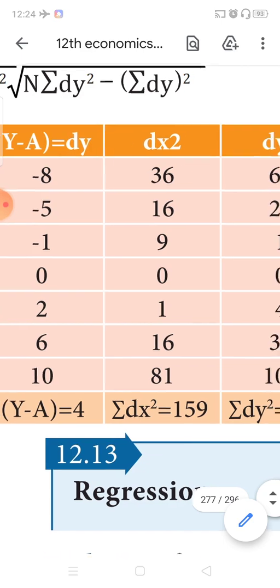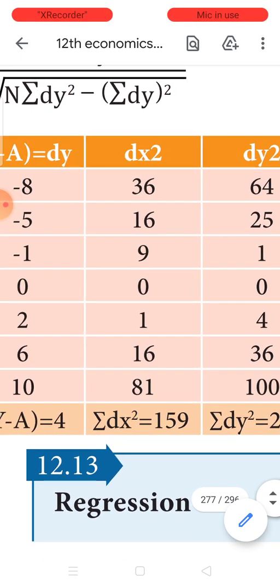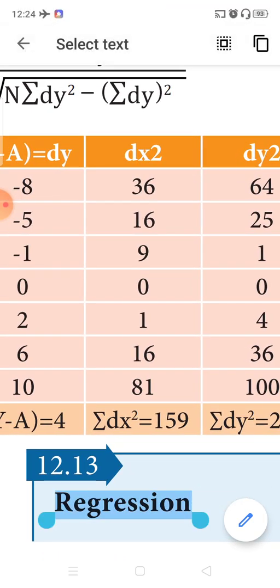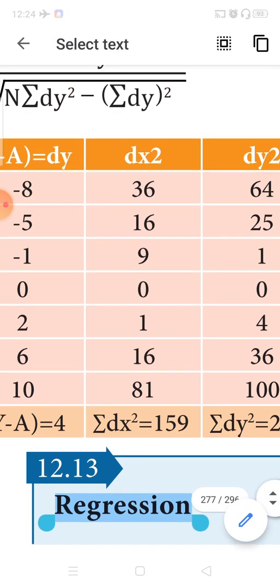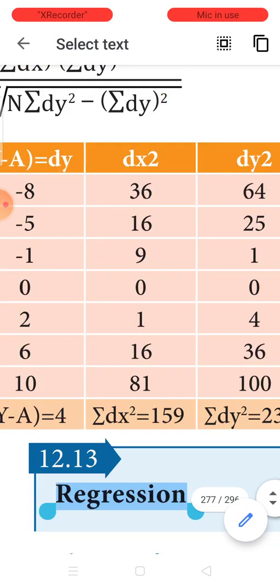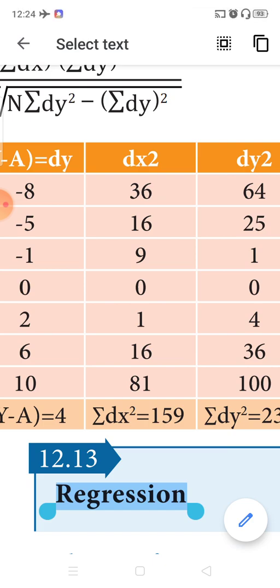Next, we have to find dy square also. Dy we found out here. The first value is minus 8. Minus 8 into minus 8, it is 64. Minus 5 into minus 5, it is 25. Minus 1 into minus 1, it is 1. 0 into 0, 0. 2 into 2, 4. 6 into 6, 36. 10 into 10, 100.